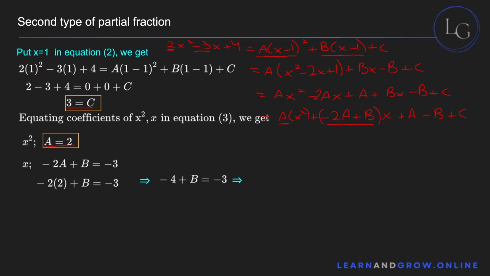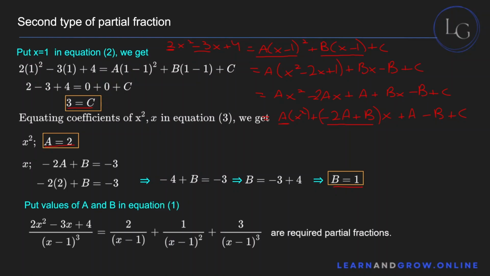And when you resolve this, you find out that the value of b is 1. So now you have the values of c, a, and b. So when you plug that into your original partial fractions, you get this equation. And hence, the fraction given in the question has been resolved.